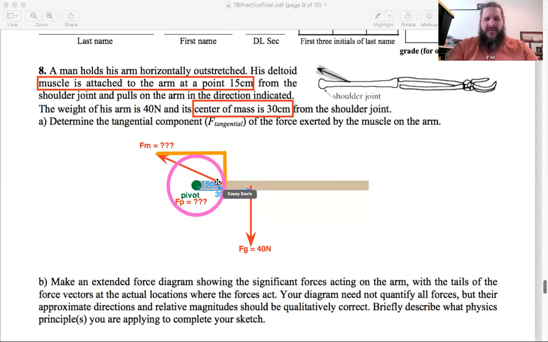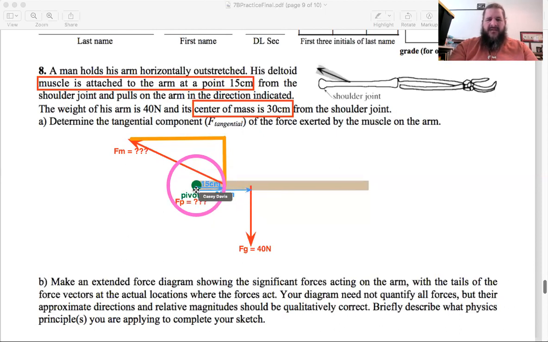The reason we call this the tangential component of the force, let me actually make that a little bigger as well. The reason we call this perpendicular component the tangential component is because it is tangent to that circle. So the circle, and you could also think of this as the circle traced out by that radius vector.